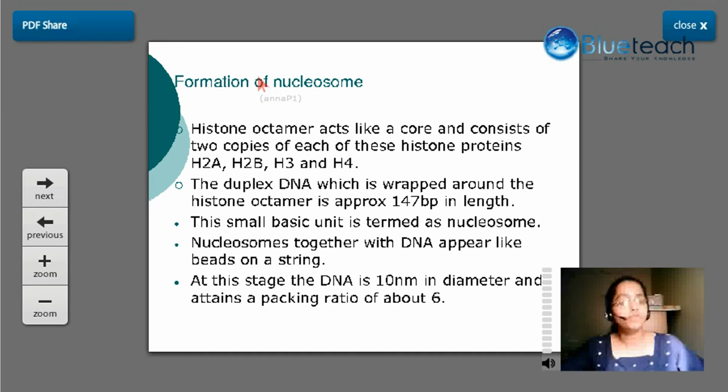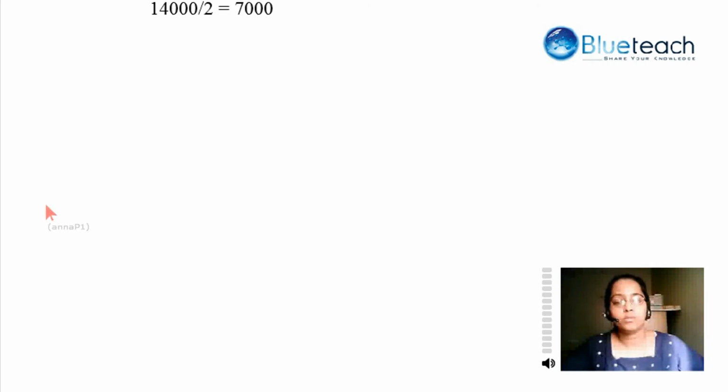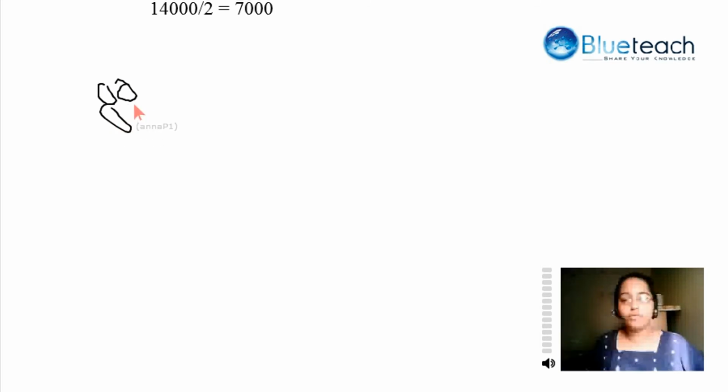Now, formation of nucleosome. This formation of nucleosome is the very first step of organization, or you can say the first level of organization of the DNA. So, the histone proteins form an octamer, that is 8 molecules of histone, 4 towards the front end and 4 towards the back end. So completely they form an octamer consisting of 8 histone molecules, and the DNA gets wound around the histone proteins.